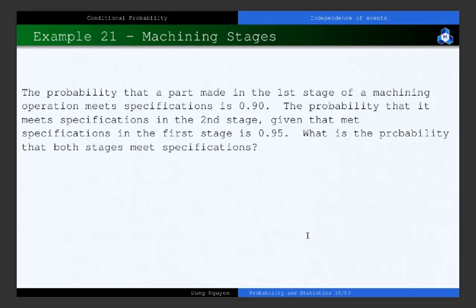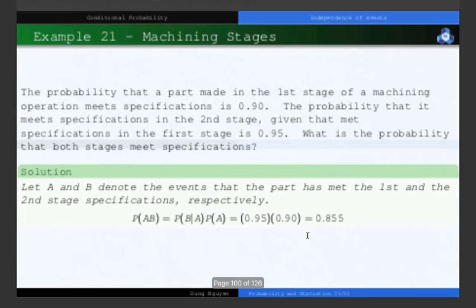Consider the following example. The probability that a part made in the first stage of a machining operation meets specifications is 90%. And suppose that the probability that it meets specifications in the second stage, given that it met specifications in the first stage, is 95%. What is the probability that both stages meet specifications?